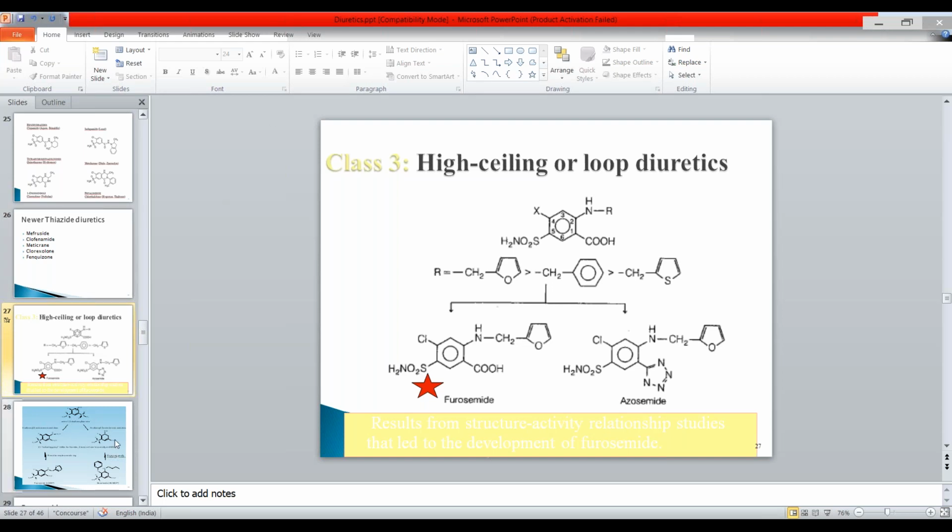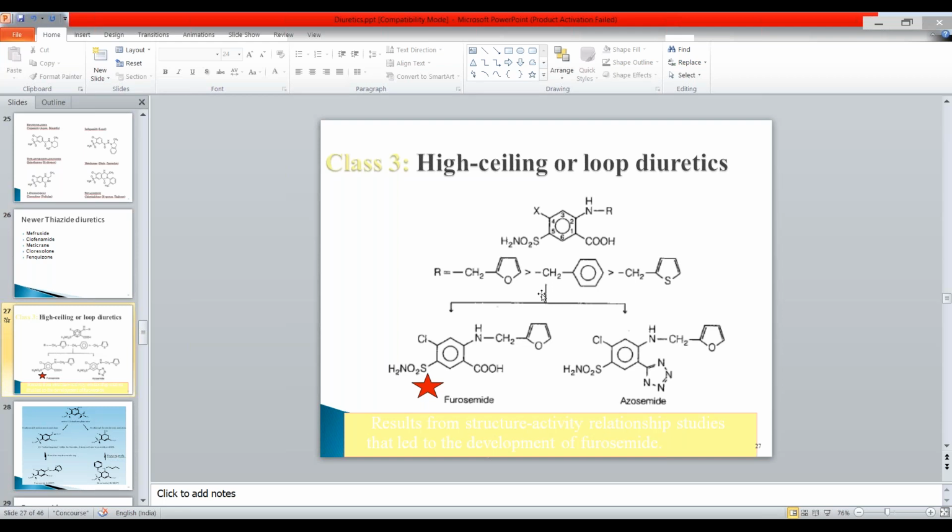One type of high ceiling or loop diuretic is 5-sulfamoyl 2-aminobenzoic acid. Okay, I repeat, it is 5-sulfamoyl 2-aminobenzoic acid, and the other is 3-aminobenzoic acid. So in one type of loop diuretic, you can have the benzoic acid COOH group substitution at the second position, or you can have it at the third position.